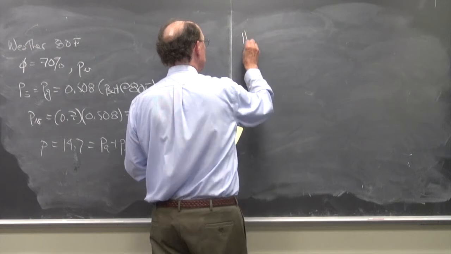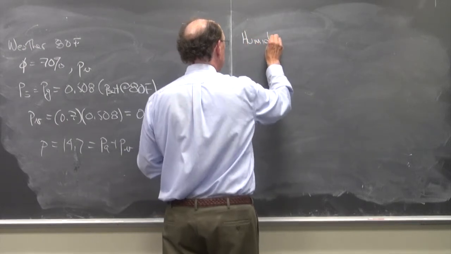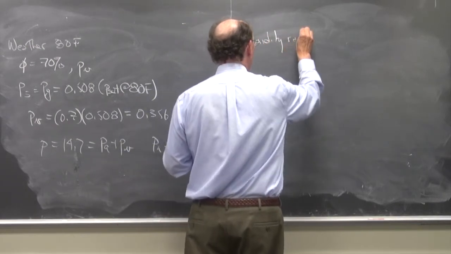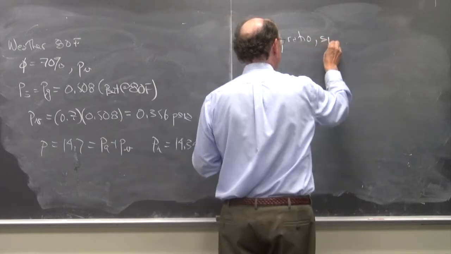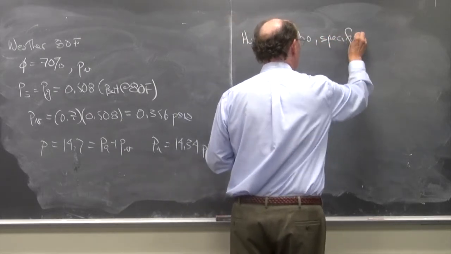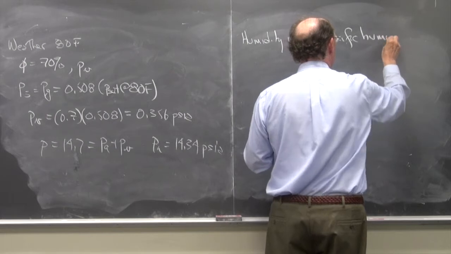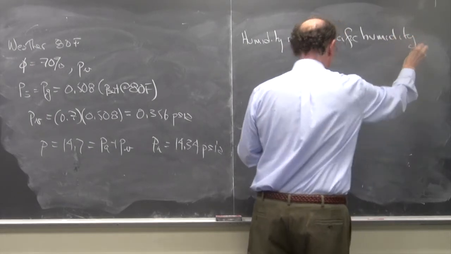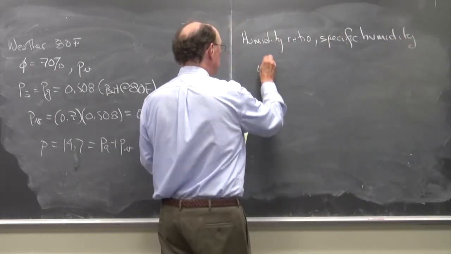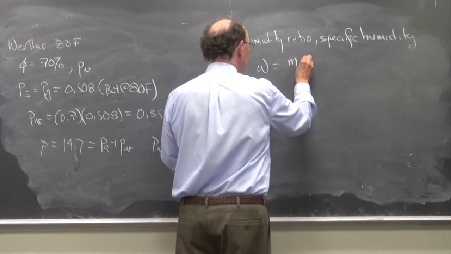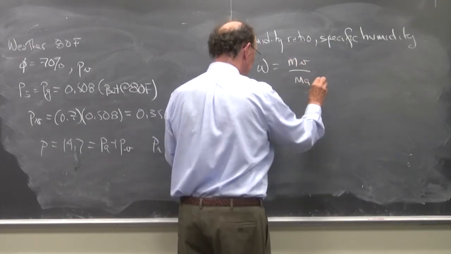So we have something called the humidity ratio, or specific humidity, and so omega is equal to the mass of vapor over the mass of air.